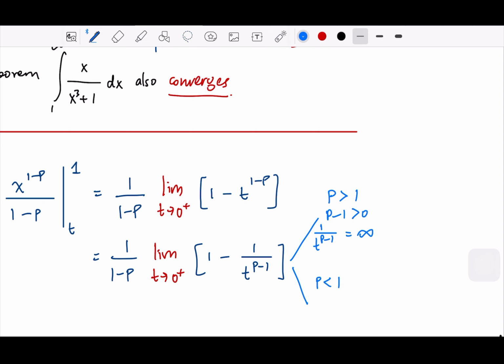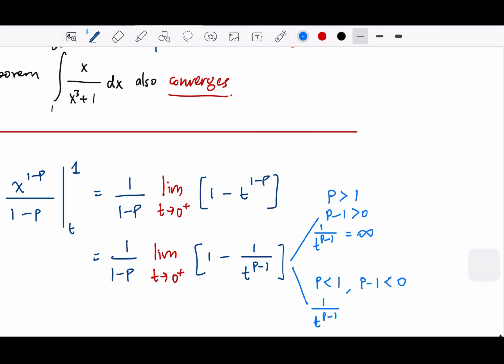So when p is less than 1, p minus 1 is less than 0, or negative. If we take 1 over t to the p minus 1, if p is less than 1, it will be a negative power. T to a negative power is 1 over something.